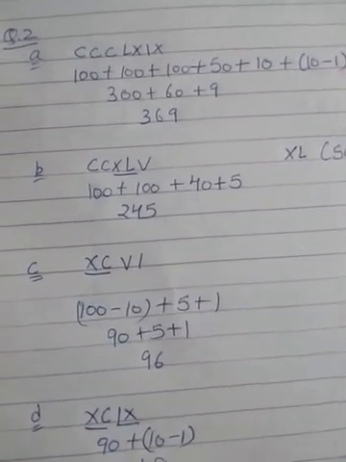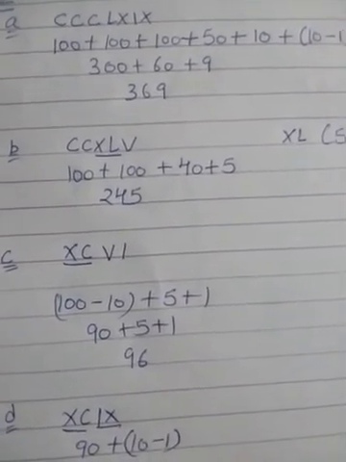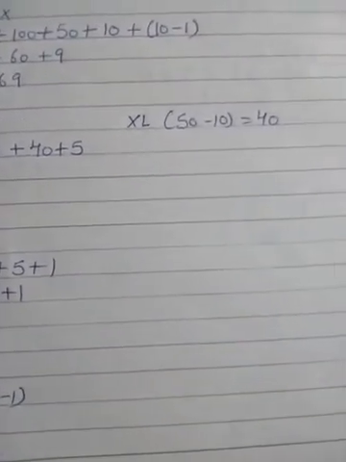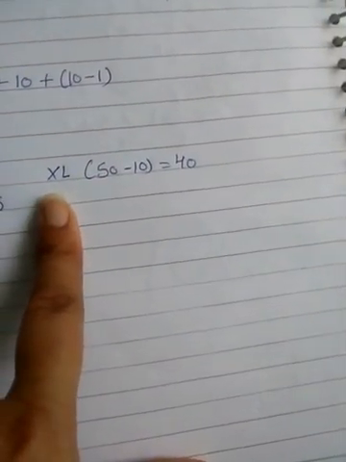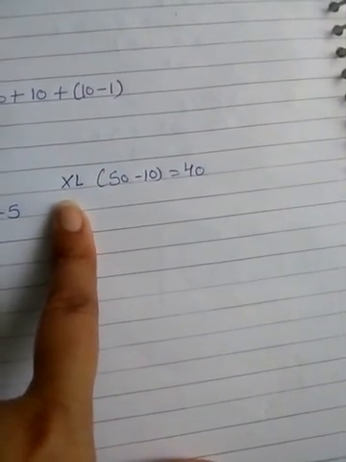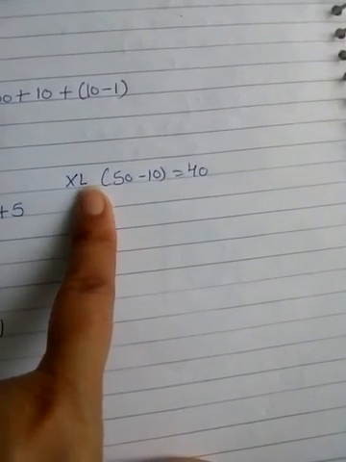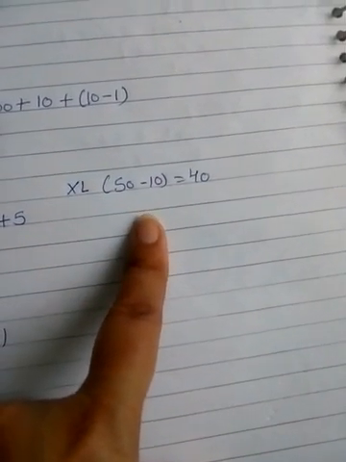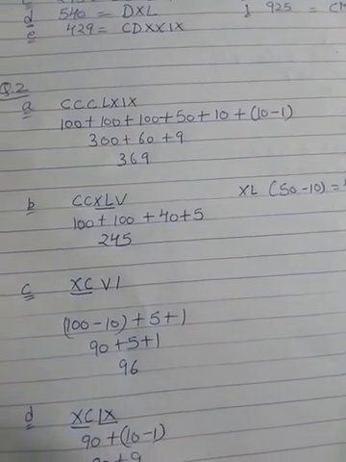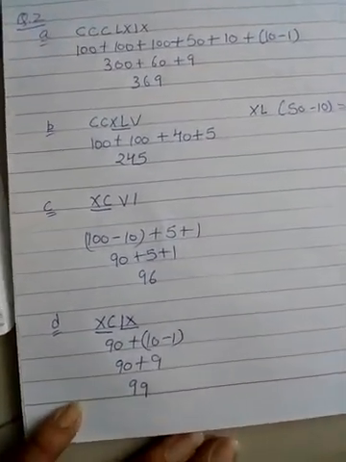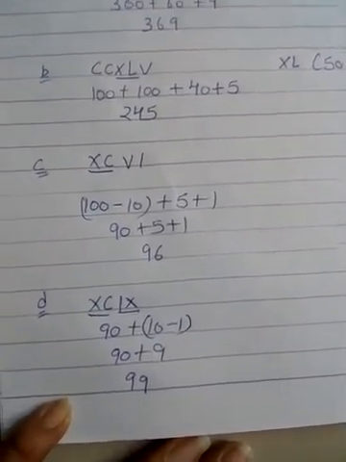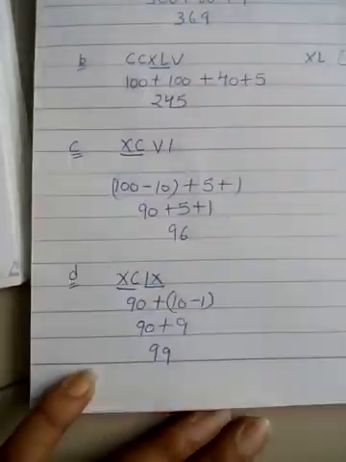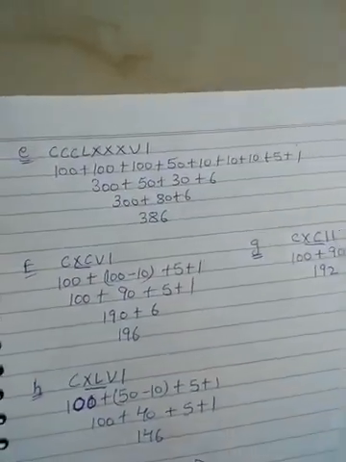Then CC XLV. XL stands for 40, not 50. The smaller value Roman numeral written on the left hand side of the greater value Roman numeral means subtraction, right? That's why. I am going to send you pictures of the solutions now with the homework, so that you can match it and complete it for your reference.